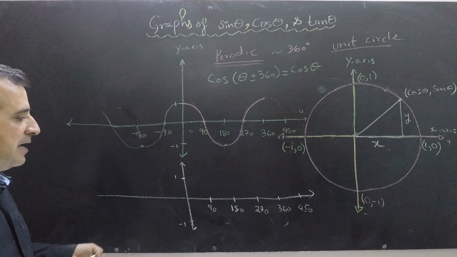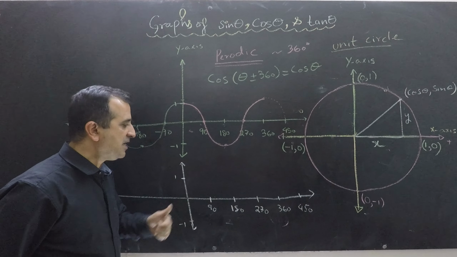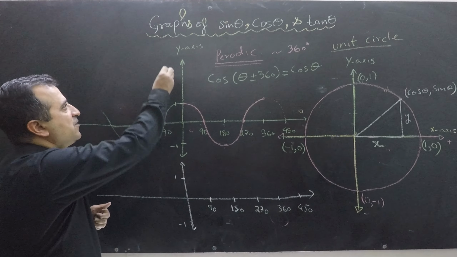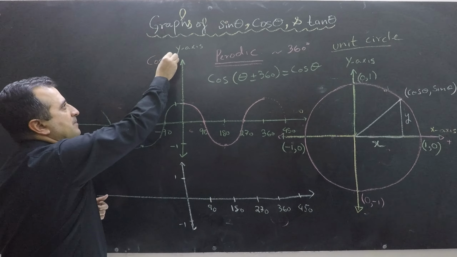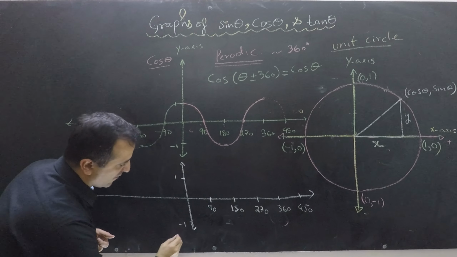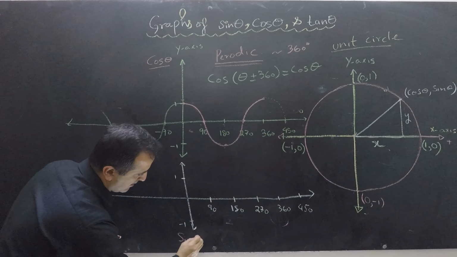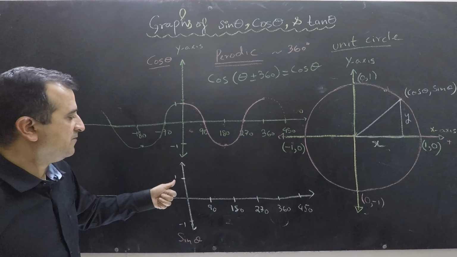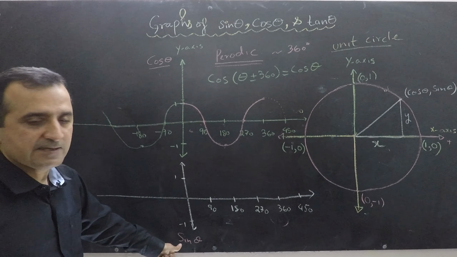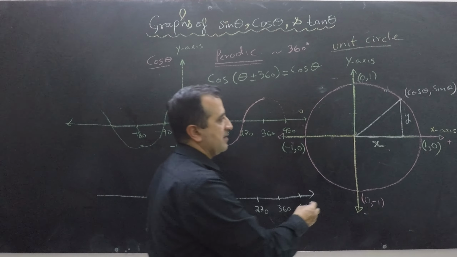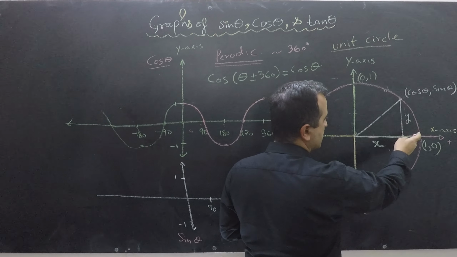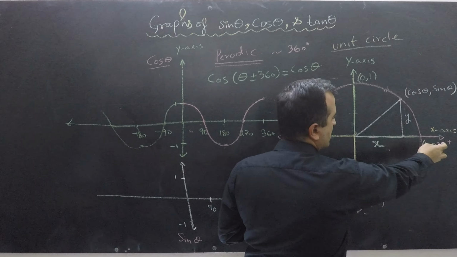Now at 0, what is the value? The above one was the graph of cos theta. The below one is the graph of sine theta. At 0, what is the value of sine theta, which is y? What is the value of y at 0? Because at 0, we are here. Y is 0.